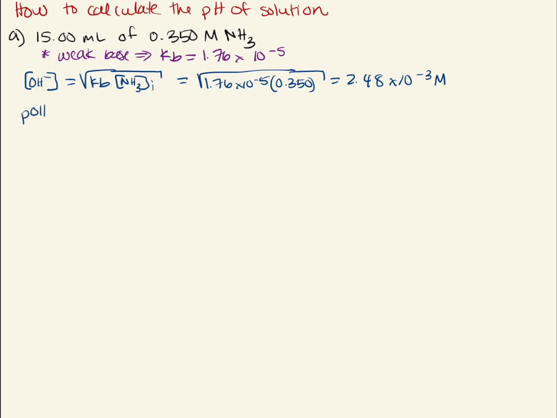Now I can solve for the pOH, which is going to just take the negative log of that number, and I get 2.61, and then I can subtract that from 14, and I get 11.39.